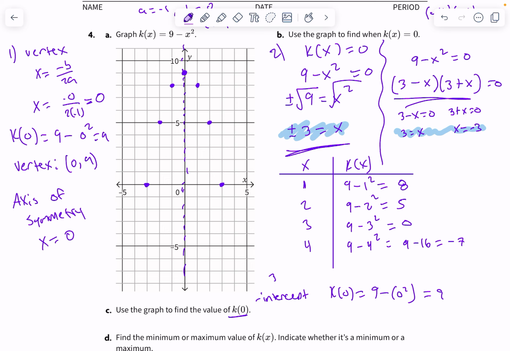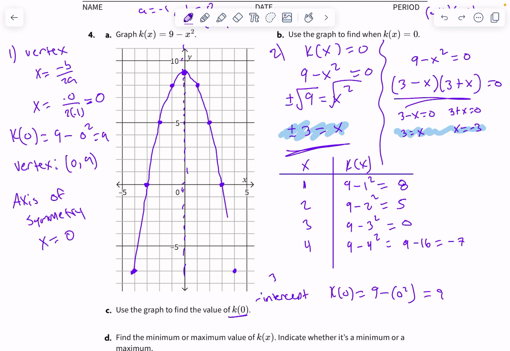So then add 4, I'm down here at negative 7. 5, 6, 7. Okay? So then because of symmetry, this is 1, 2, 3, 4 units from the axis of symmetry. So then I need to go 4 left. 1, 2, 3, 4. So right here is my other point. Okay? So I think this is good for now. 5 won't really be on there. So we can now connect the dots and connect all these wonderful dots that we drew.